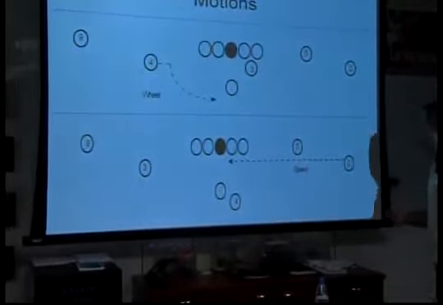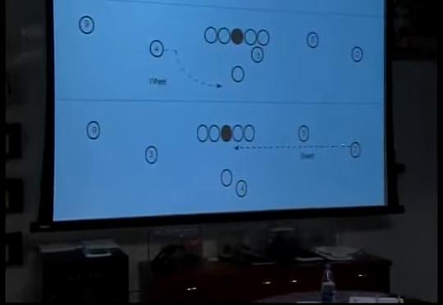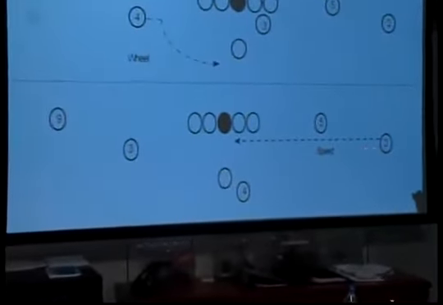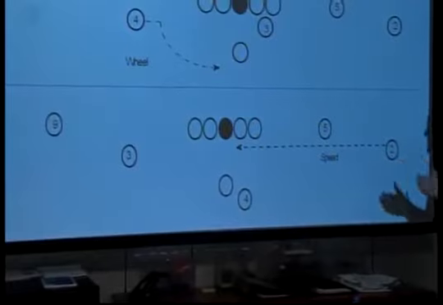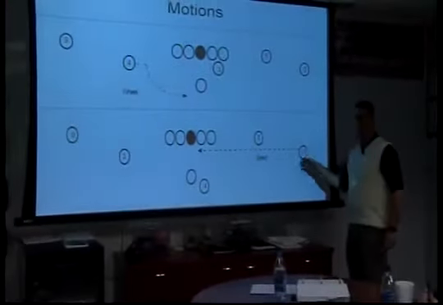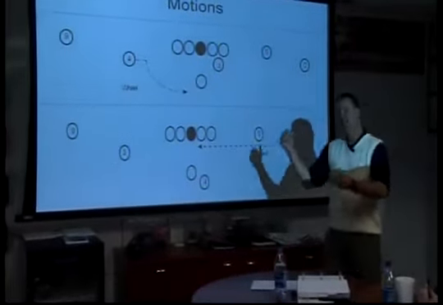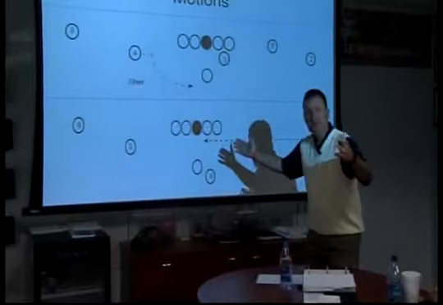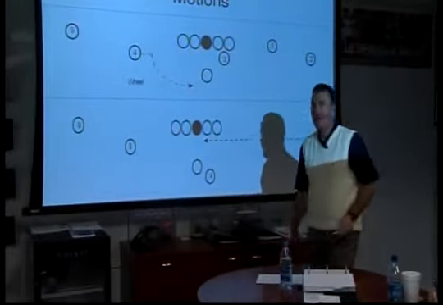Next motion that we're putting in is speed motion. Speed motion is a full speed motion, just what it says. It's a speed sweep, a jet sweep type of motion. The quarterback will start you, and as he starts you, he will simultaneously start the snap count.